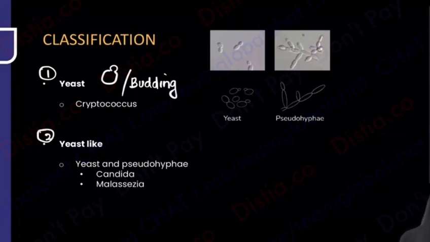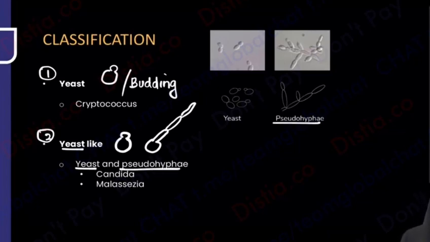When I say yeast-like, it means the element of yeast has to be there, means there is an organism and it is going to show you the budding. But apart from that, sometimes these buds become very, very long. So instead of looking like a tiny little bud like this, it's going to look like a long bud, from which another bud is going to come out and another bud is going to come out. What are these long buds known as? These are referred to as the pseudohyphae.